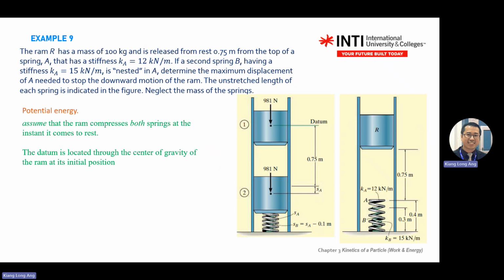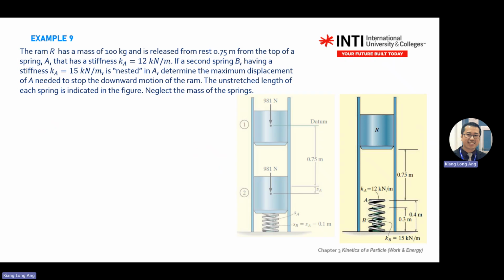The length of SB depends on how long SA moves minus the difference between these two. These two is 0.1. Now, once we have all the parameters, then we start to solve using potential energy.